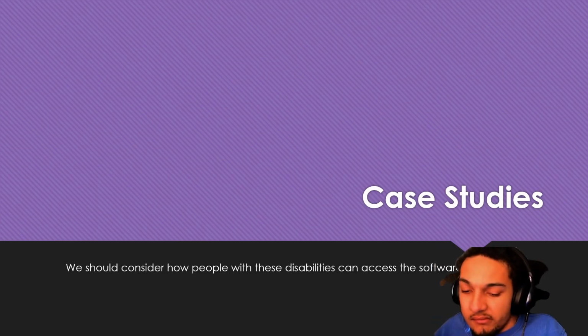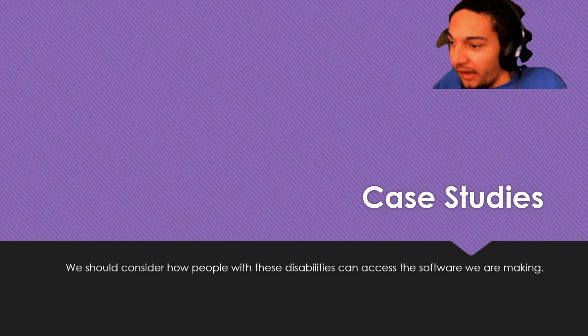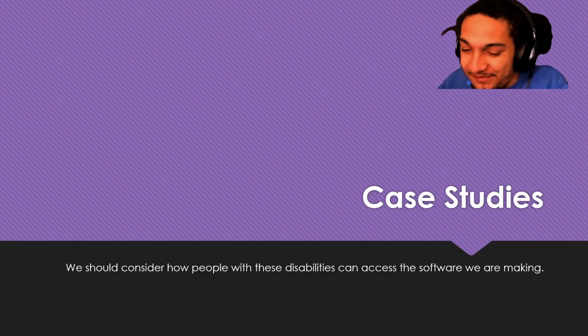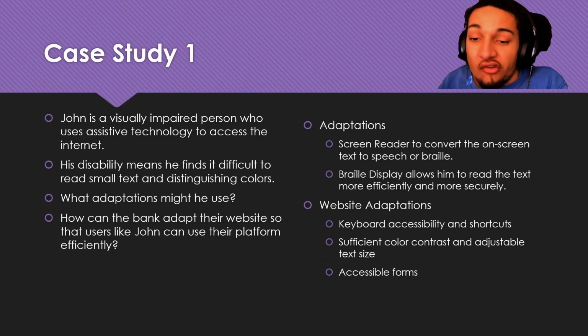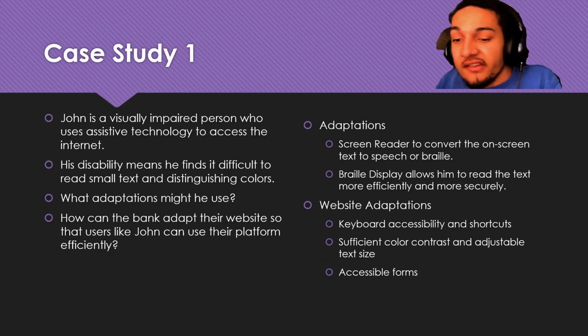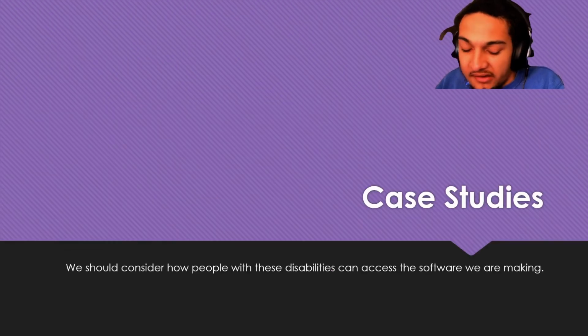Is this going to go and do what I've asked it to do? No, apparently not. There we go. I went up. Okay. So, case study 1. John is a visually impaired person who uses assistive technology to access the internet. I forgot to add animations.